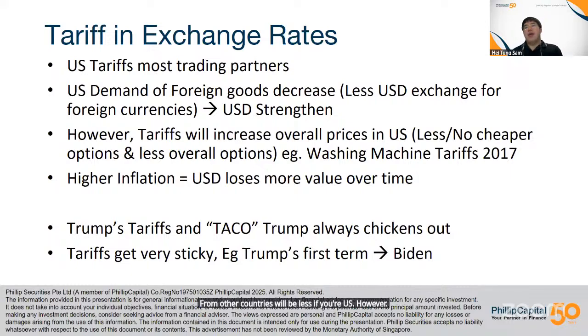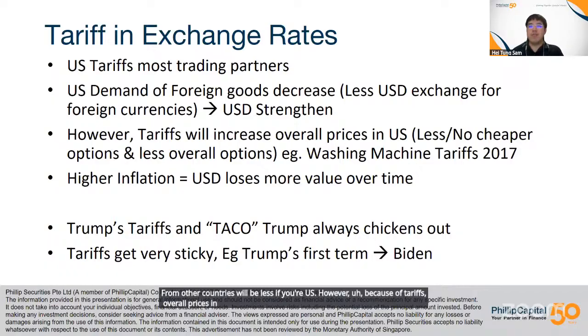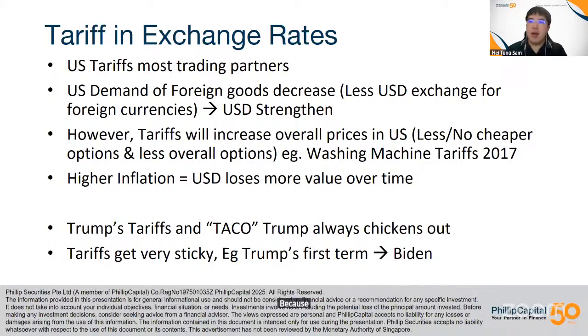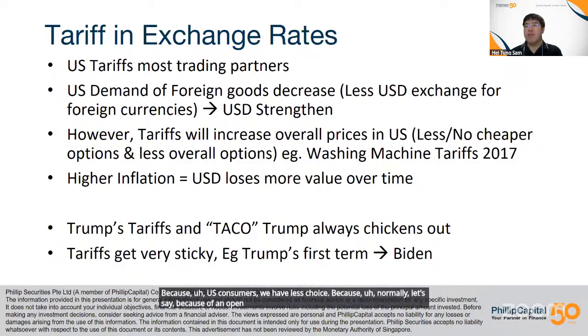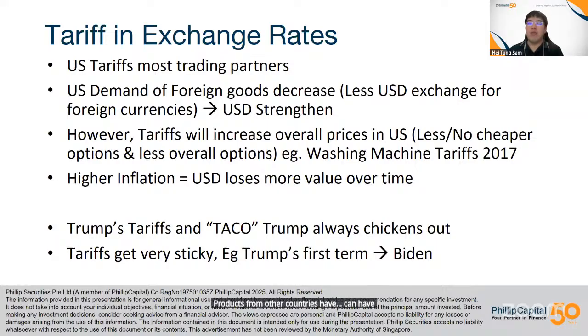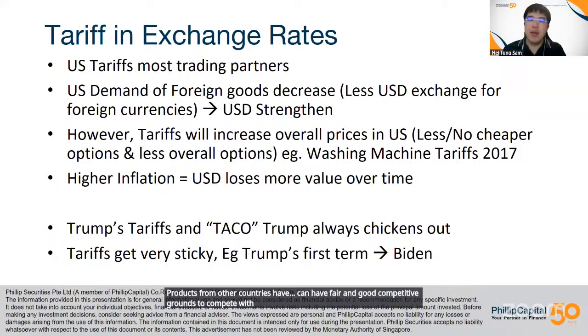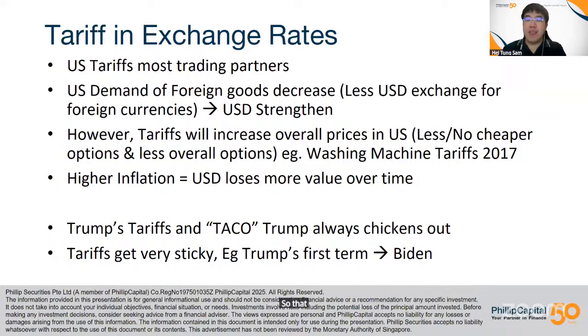However, because of tariffs, overall prices in the US will increase because US consumers will have less choice. Normally, with an open free market with no tariffs, products from other countries can compete on fair and good grounds with US companies, so customers have more choice to buy whatever brand gives the best value.